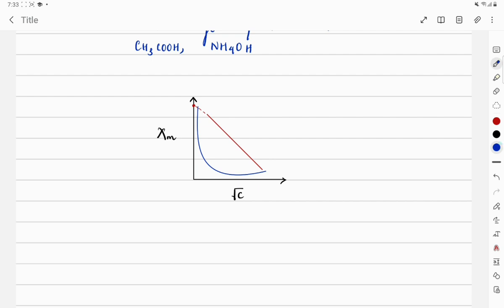Now to explain this, we are going to study two different theories. Firstly, let's write: this is for strong electrolytes and this is for weak electrolytes. The theory which will validate the slope, or this particular graph, for strong electrolytes is the Debye-Huckel-Onsager theory.